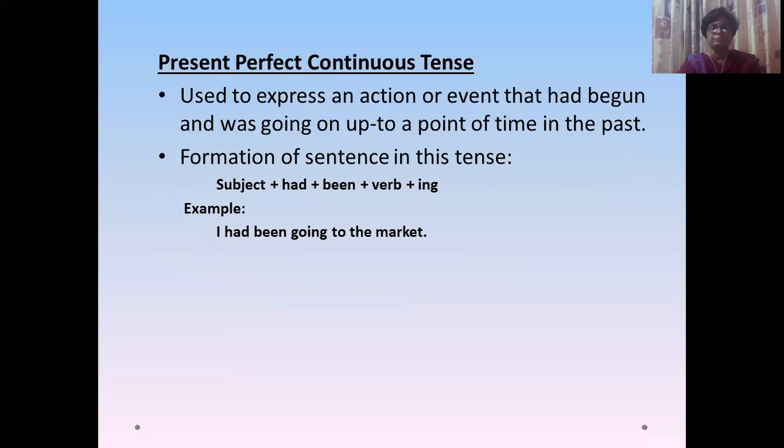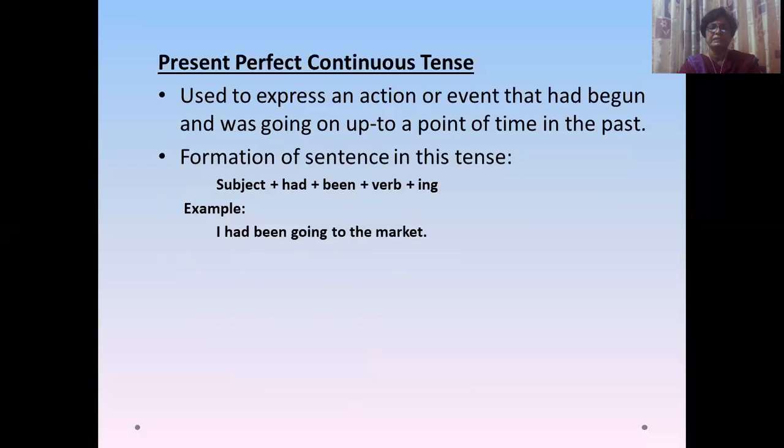Now the last type of past tense is past perfect continuous tense. This tense is used to express an action or event that had begun and was going on up to a point of time in the past. So here, the action which had begun at a particular time was still going on up to a certain point of time.